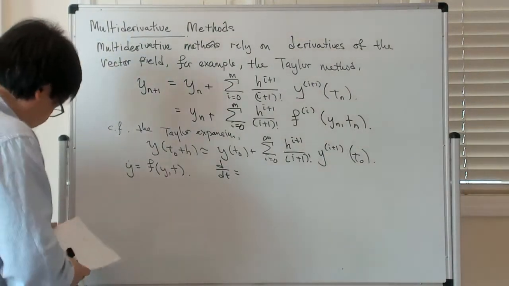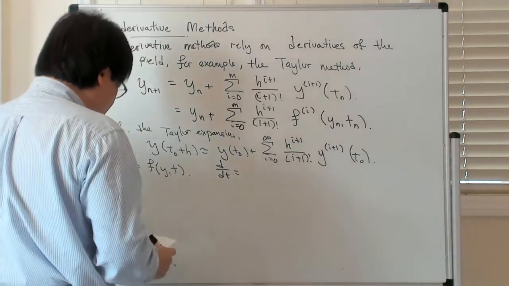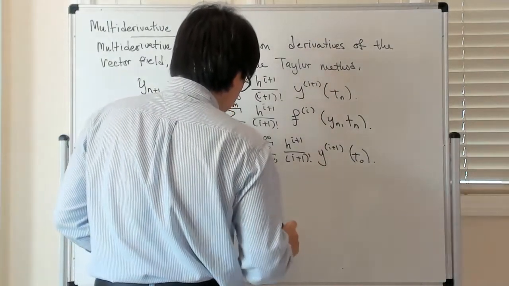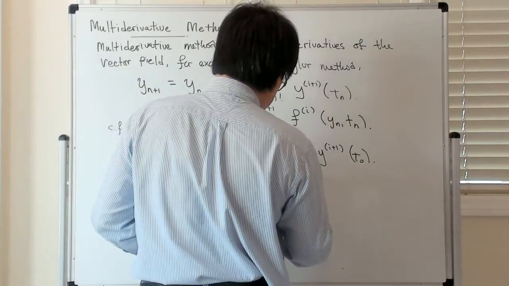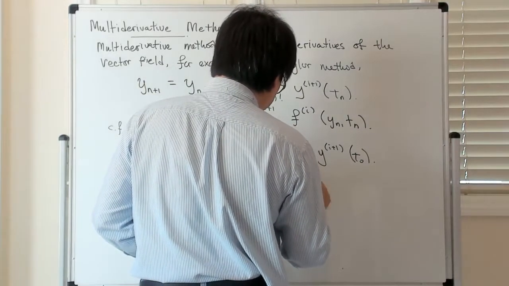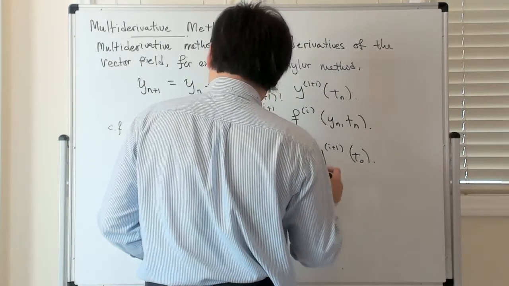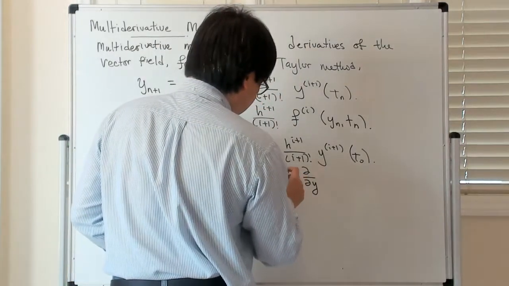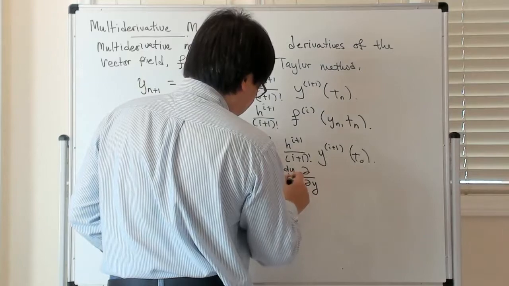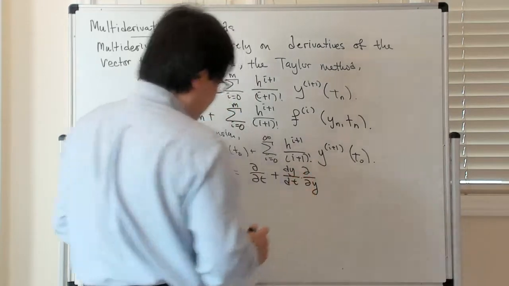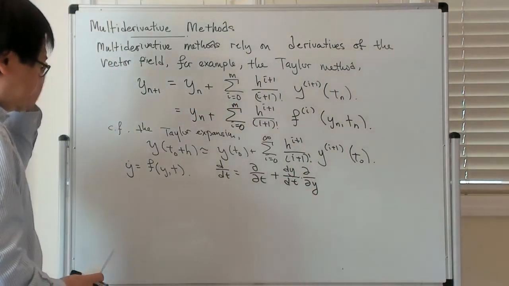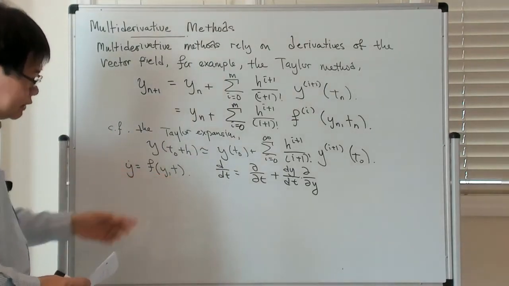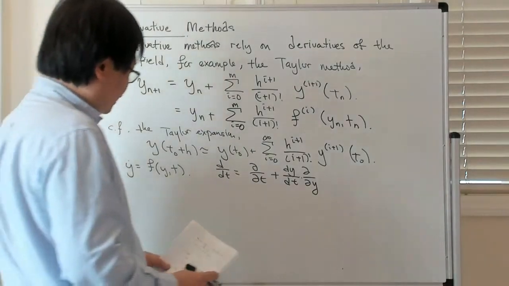Okay, so it can be written as the partial derivative with respect to time plus basically the partial derivative with respect to y, but you have to multiply this by the total time derivative of y with respect to time. Okay, and then again you use the fact that you know what the total time derivative of y with respect to time is, which is this vector field f of y and t.